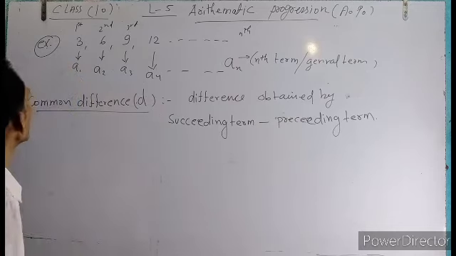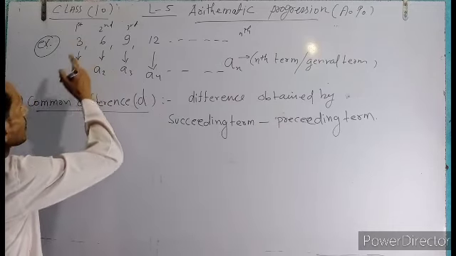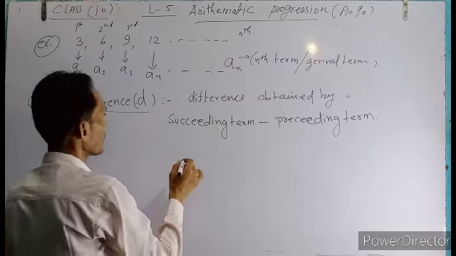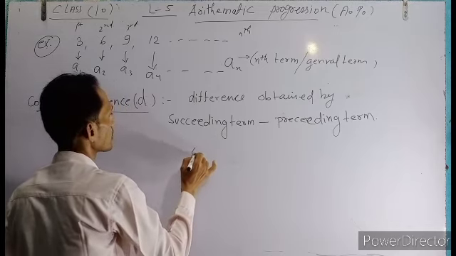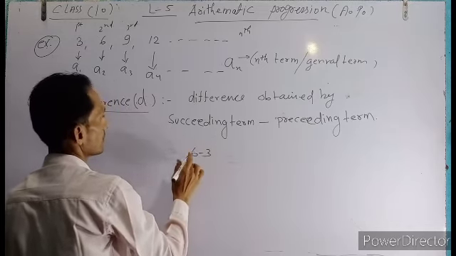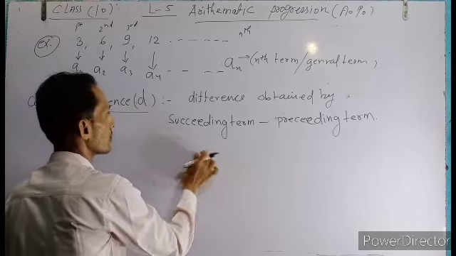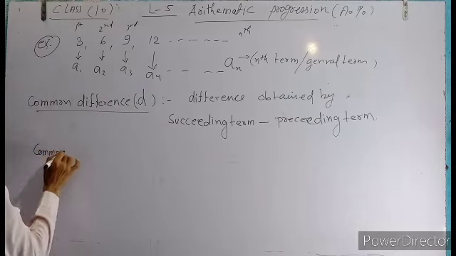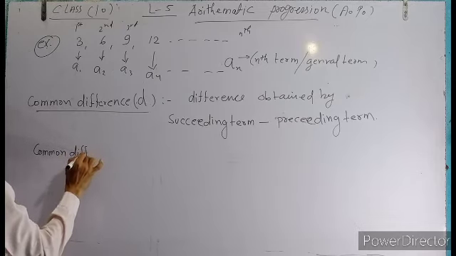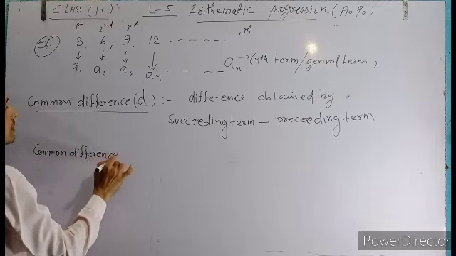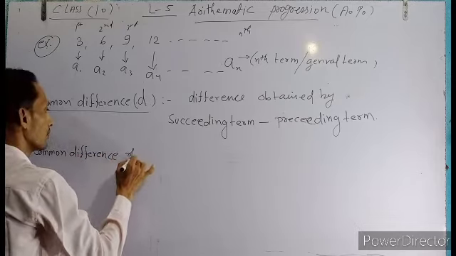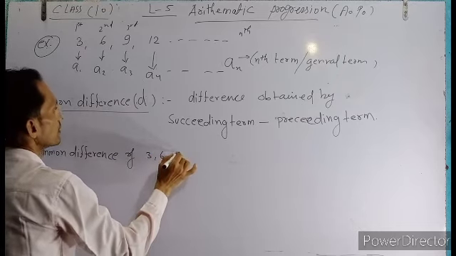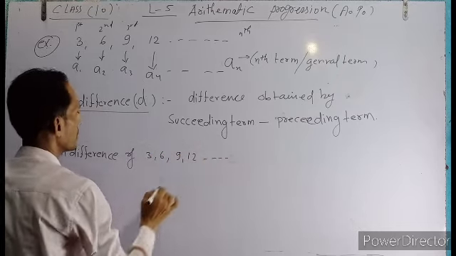Here we can find the common difference. How can we find the common difference of 3, 6, 9, 12?